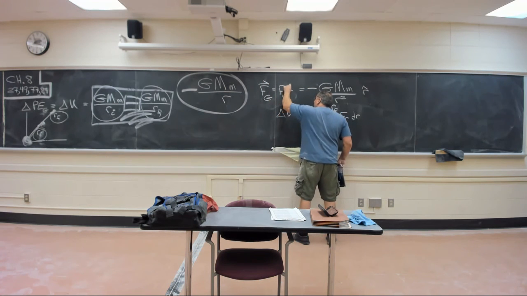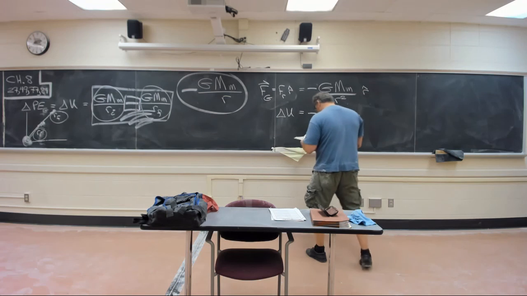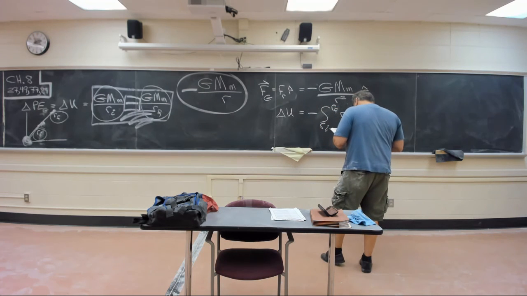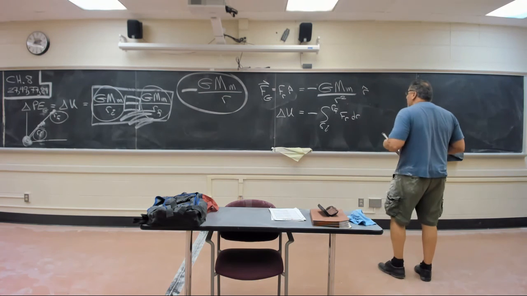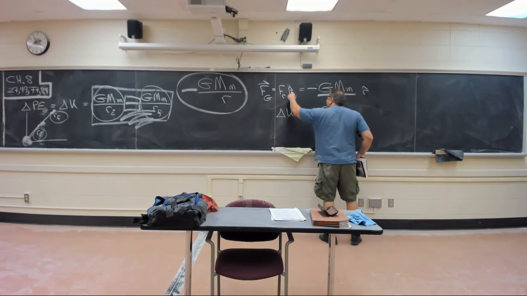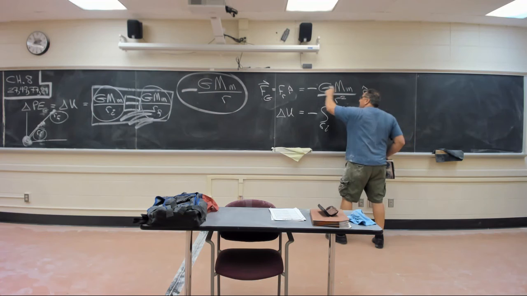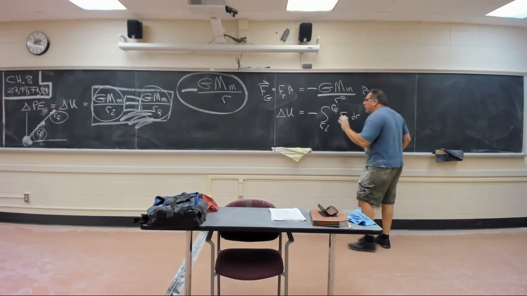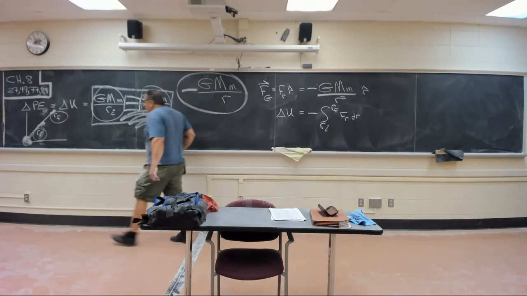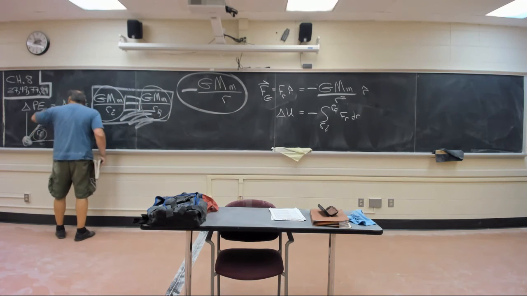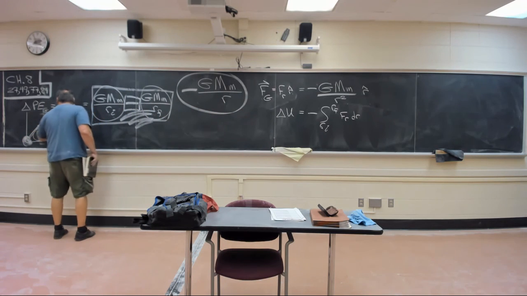F sub r hat. They're saying F_r r hat like that. Okay, that's just a unit vector. That's a lot like the i hat, the j hat, the k hat. They're 1 unit long in the r direction, going upward, 1 unit long r vector.